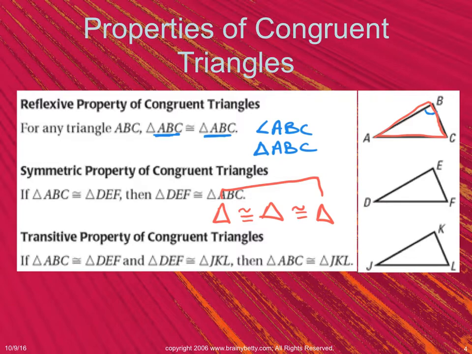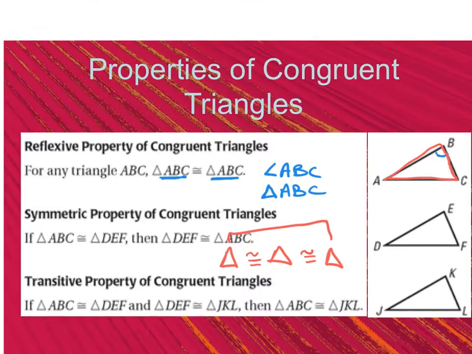What if the angles were switched around? I meant to ask this on the last slide. Okay, so great question. What if the angles are switched around? For example, let's say, I'm going to come up here for a minute. This is a great question. Let's say I've got this.